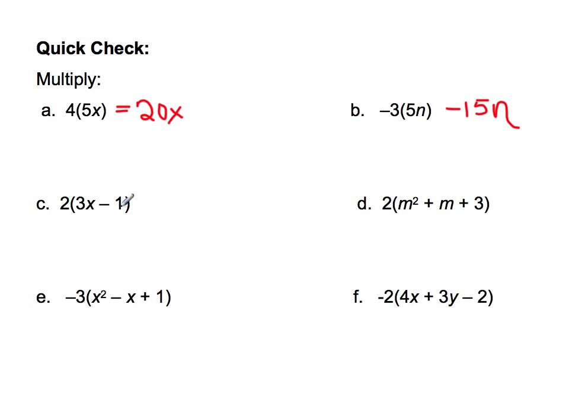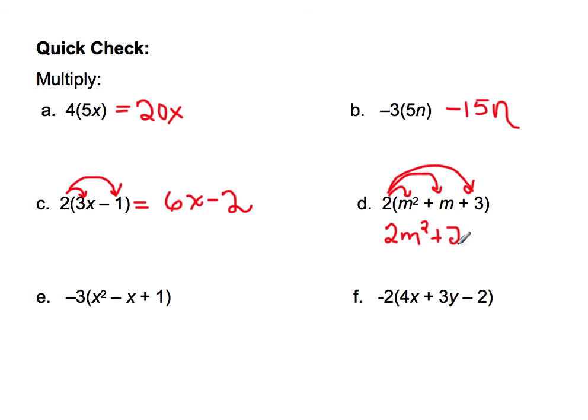I have 2 groups of each of these terms, so I have to distribute it in. So I get 6x minus 2. I have a trinomial now. I have 2 groups of each of these terms, so I have to multiply that 2 in. So I have 2m squared plus 2m plus 3.